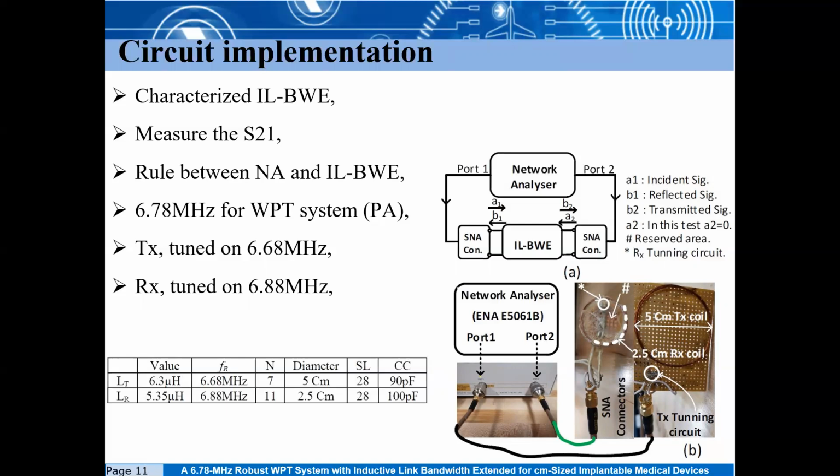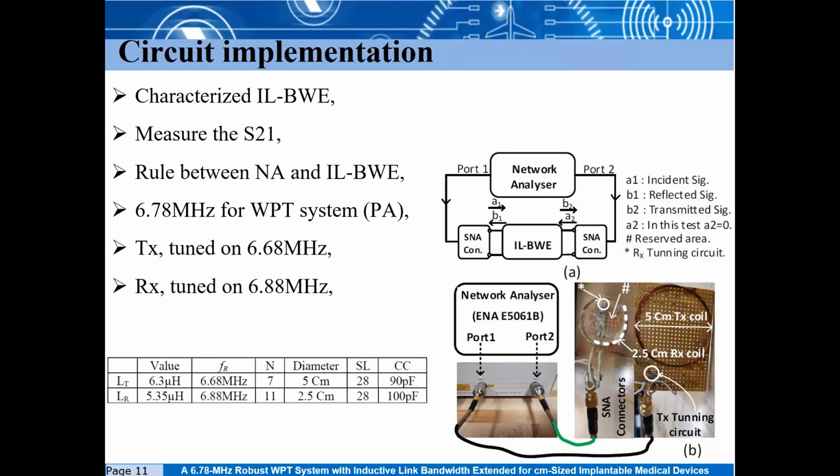The popular frequency of 6.78 MHz for WPT is selected based on the available standards. Consequently, the TX and RX resonance circuits are tuned on 6.68 MHz and 6.88 MHz respectively to extend the inductive link bandwidth appropriately.